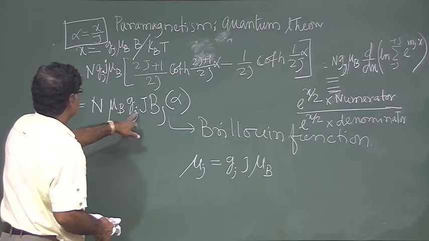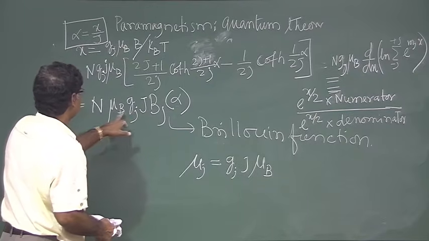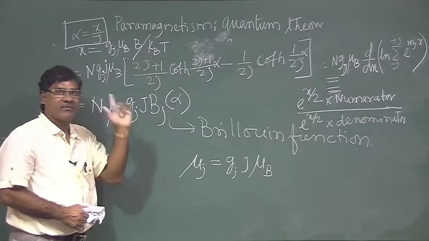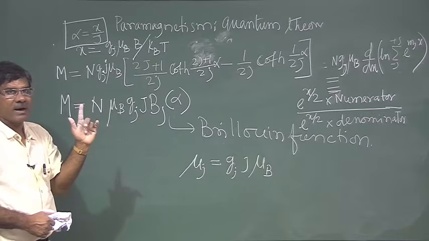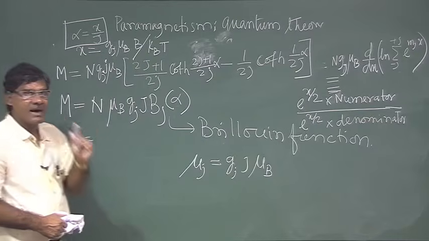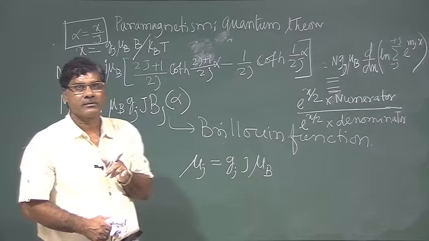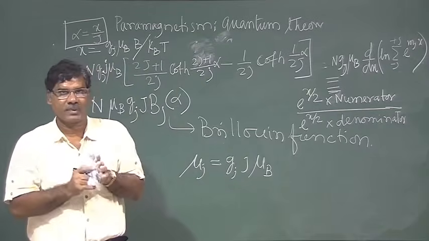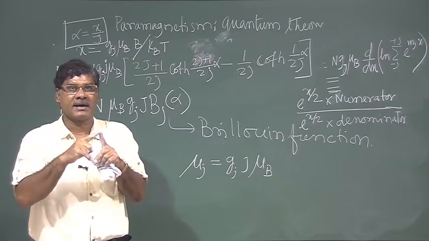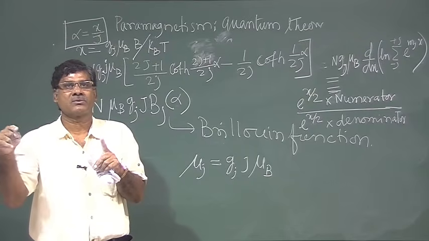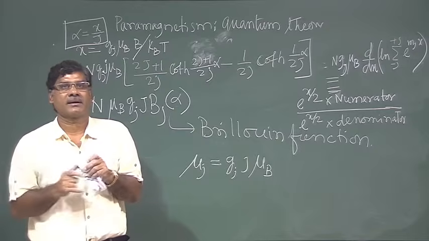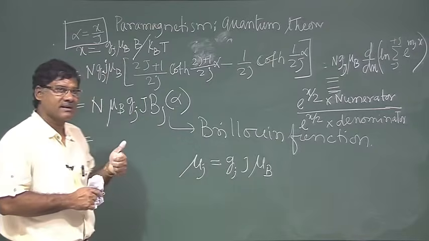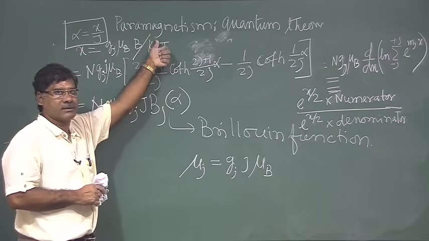So along the magnetic field, mj equal to j, because mj value varies: j, j minus 1, j minus 2, j minus 3, to minus j, right. So when mj equals j, that means it is aligned along the magnetic field.